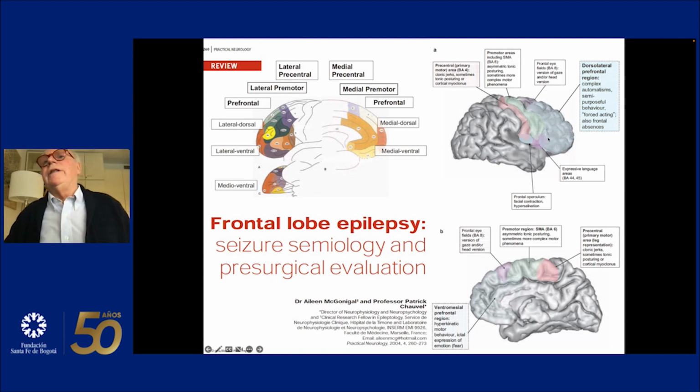And we'll see that globally, depending on the different areas between the prefrontal cortex, lateral, medial, and ventral, we can find a definition of different patterns according to different areas.